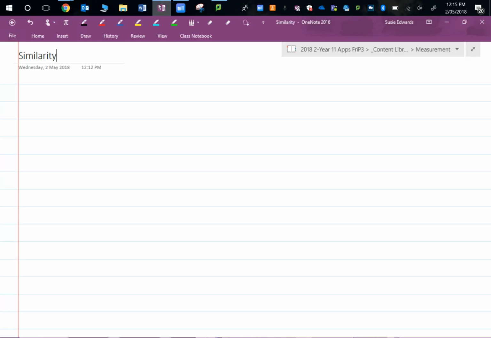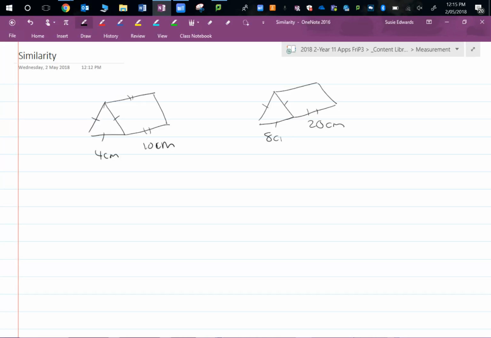Now that works for 2D shapes. It also works for 3D shapes. So if a 3D shape was similar, all the lengths of that 3D shape would have the same scale factor. So for example, if I drew a triangular prism, and all the sides here were 4 centimeters, and this side here was 10 centimeters, this shape would be similar if this was 20 and this was 8 centimeters.